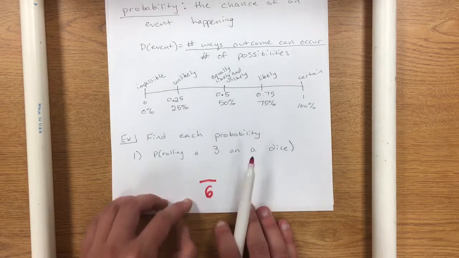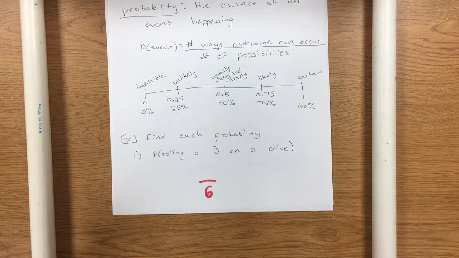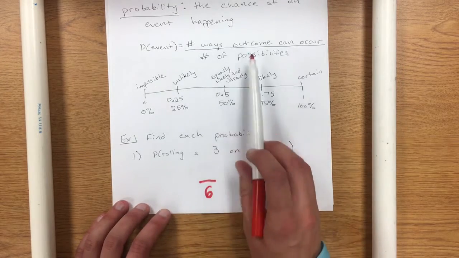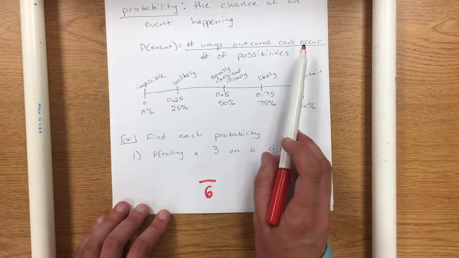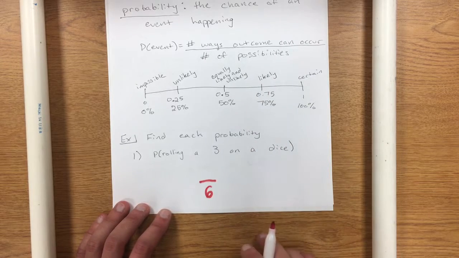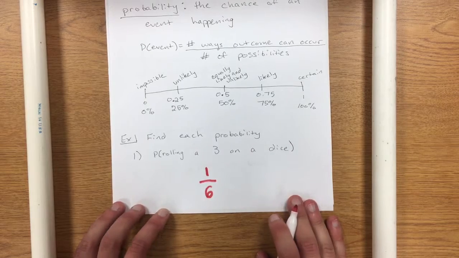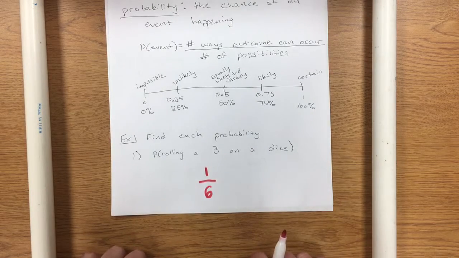And now we want to find the probability of rolling a 3. So we're going to think about our dice, and it has 6 sides. How many of those sides have a 3 on them? Just 1. So when we think of the number of ways our outcome can occur, we just have one side that could be a 3. So on top we just put a 1. So our probability is 1 over 6.